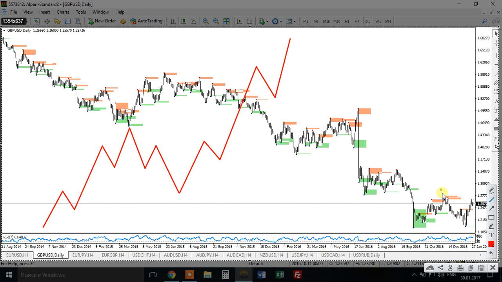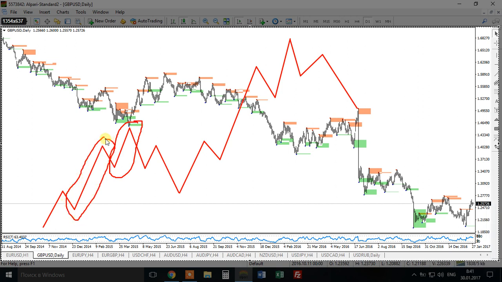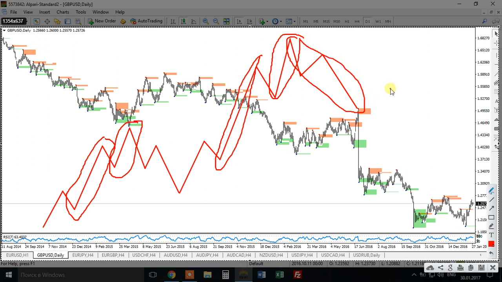Then A, B, C. What I want you to pay attention to is that this wave number 5 is shorter than the previous wave number 3. You should understand that. It is shorter and then the ABC zigzagging structure appears. This leg is shorter than that leg and only then the ABC structure appears.